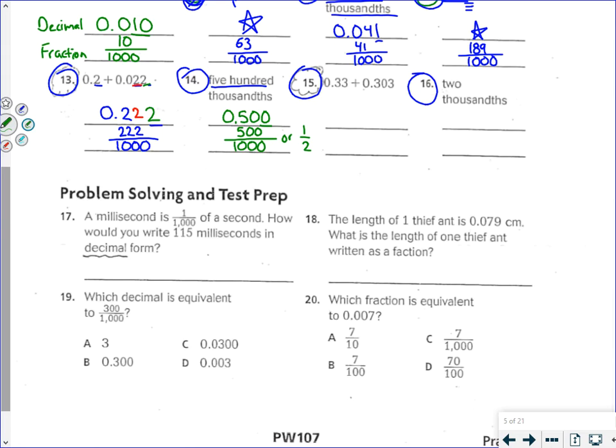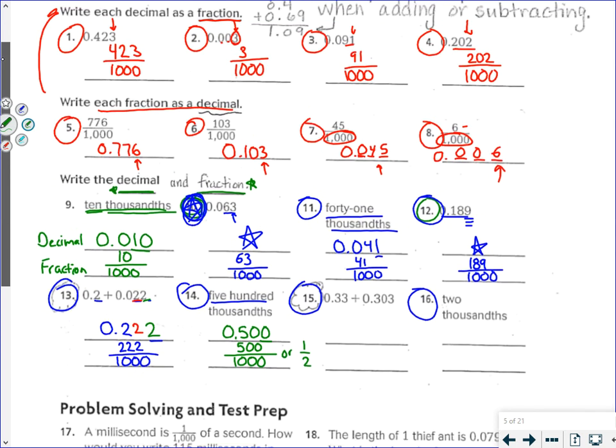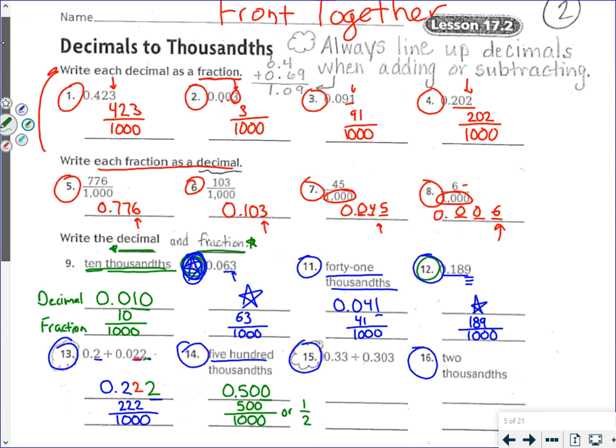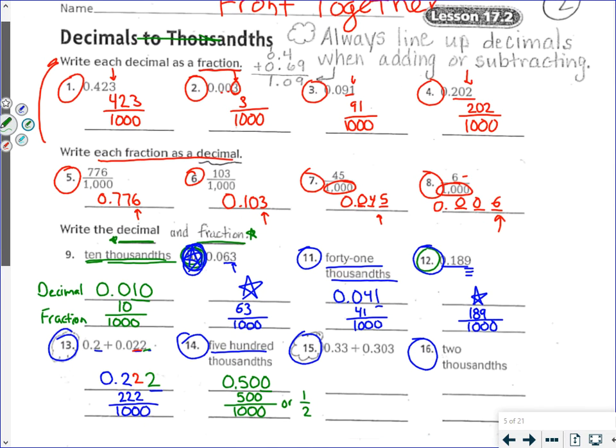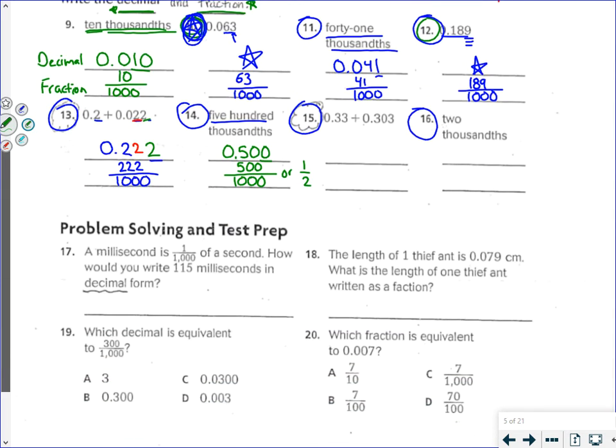All right, so this one we have to add actually. If we look up above, it gives us kind of an example. We have to line up our place values. So when we add, we have to line it up. Now I see we have a 3 in the tenths spot, so 0.303, because our place values are still lined up.